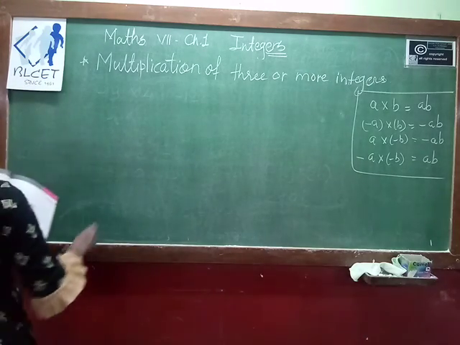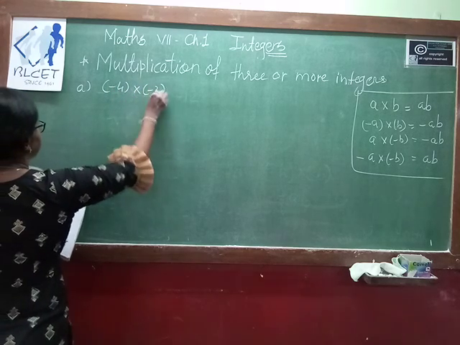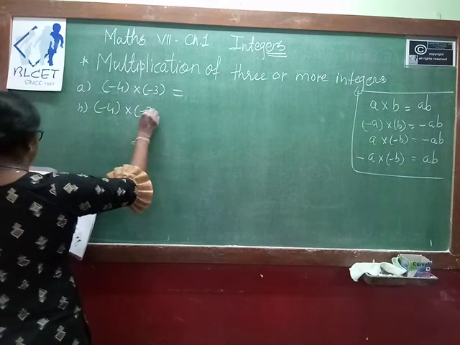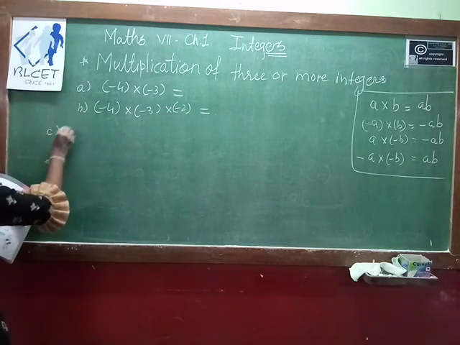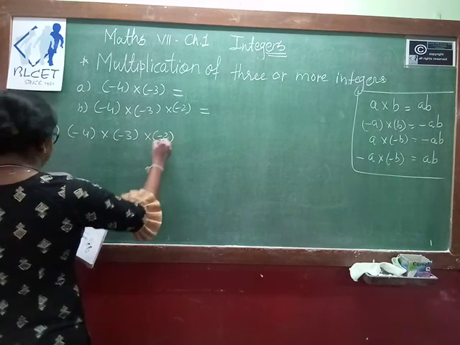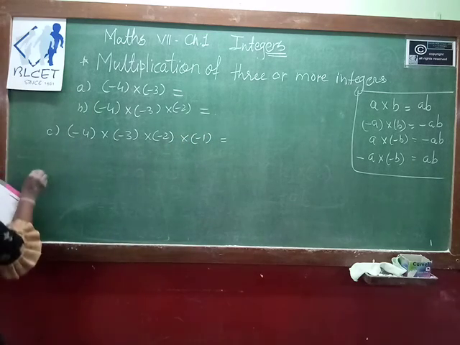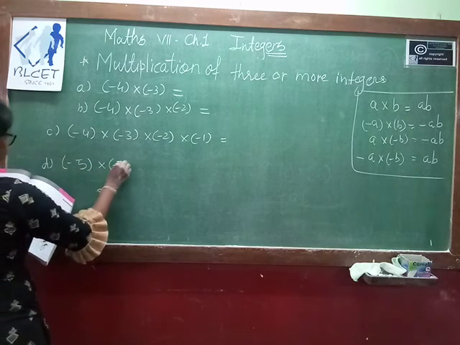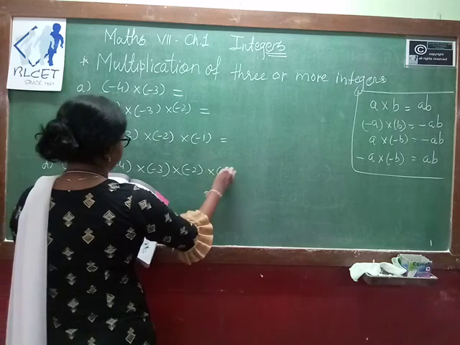Let's see some examples. Minus 4 into minus 3, what is your answer? Minus 4 into minus 3 into minus 2, what is your answer? Minus 4 into minus 3 into minus 2 into minus 1? Minus 5 into minus 4 into minus 3 into minus 2 into minus 1, what is the answer?